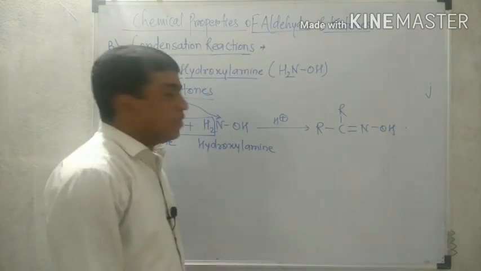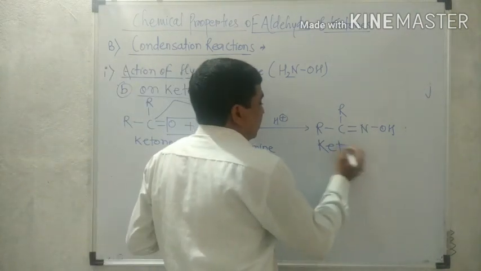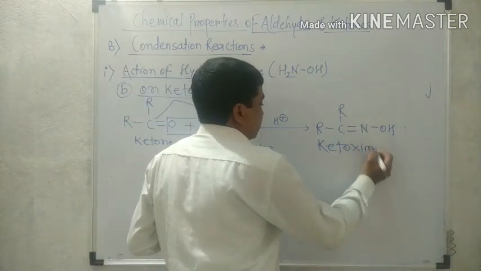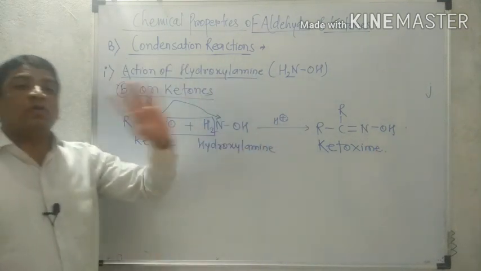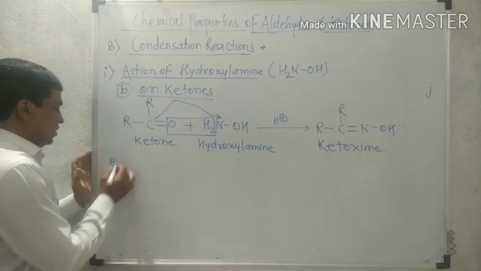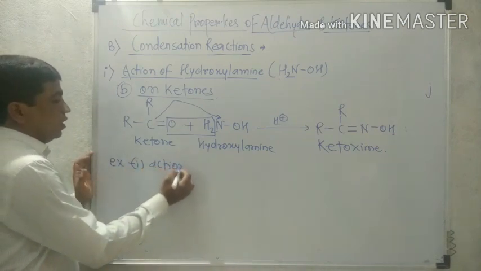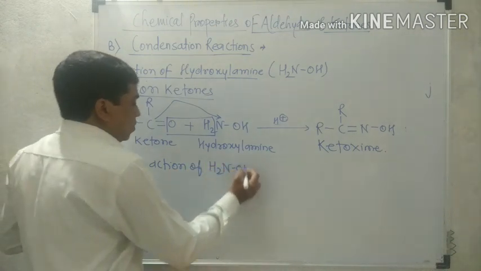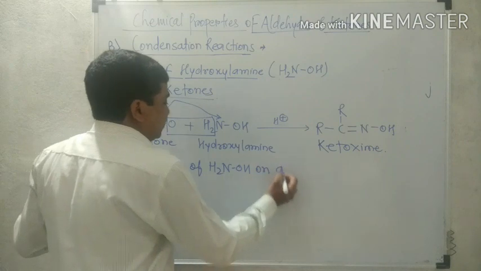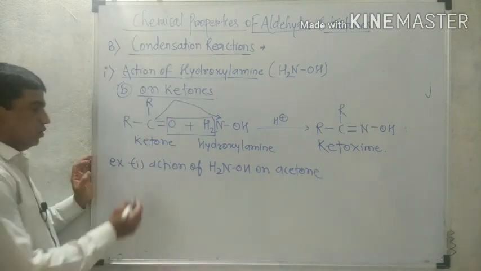Now this oxime compound is formed by ketone, therefore it is called ketoxime. Aldehyde gives aldoxime, ketone gives ketoxime. The first example is the action of hydroxylamine on acetone. What happens when acetone reacts with hydroxylamine?